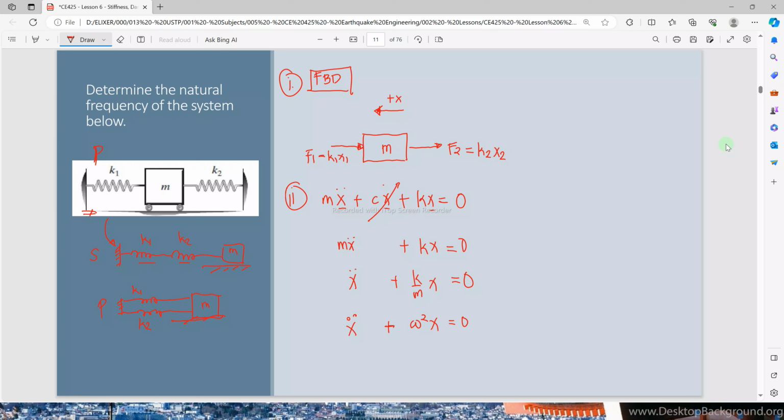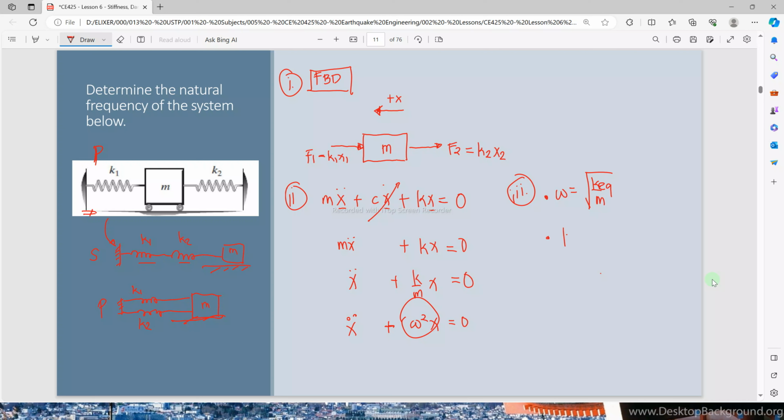So, determine the natural frequency of the system, this one. If you remember, omega, the natural frequency, is equal to the square root of k over m. This is very easy. But our k here, since we have two stiffnesses, K1 and K2, is the equivalent stiffness.